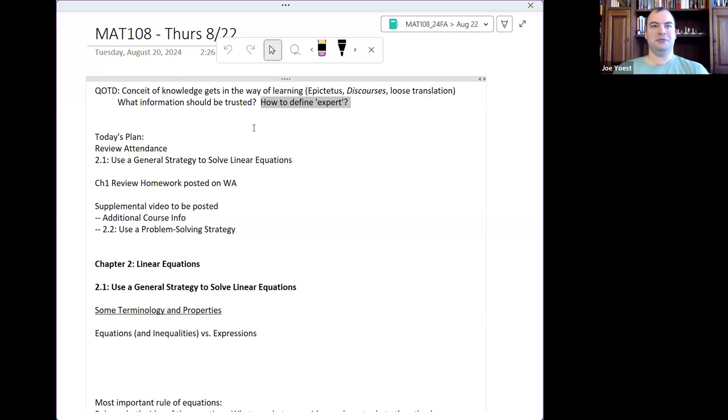And you can very quickly find counterexamples: well, what about this person who has that credential who you think is a complete goof? Oh, well, that doesn't count, right? So it becomes a no true Scotsman fallacy issue. Anyway, I think this is one of the big challenges today, weeding through all of the information we have to figure out what's good information, reliable, valid, truthful, however you might want to say it, and what's not.